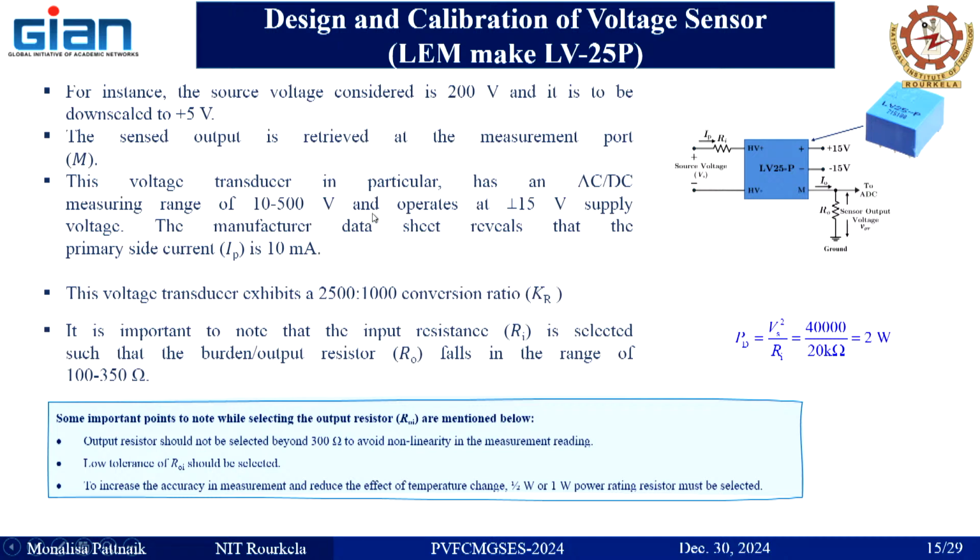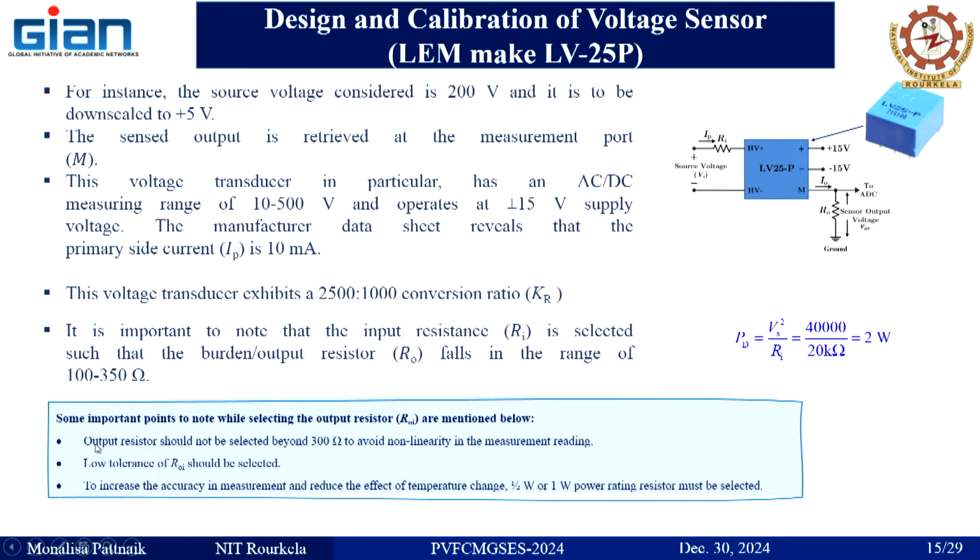The manufacturer data sheet states that the primary current of this sensor is 10 milliampere, and the sensor has a 2500 to 1000 conversion ratio. Here too we are selecting the output resistance and the input resistance connected to the system, using these relations, and the maximum power dissipated in this sensor module is around 2 watt.